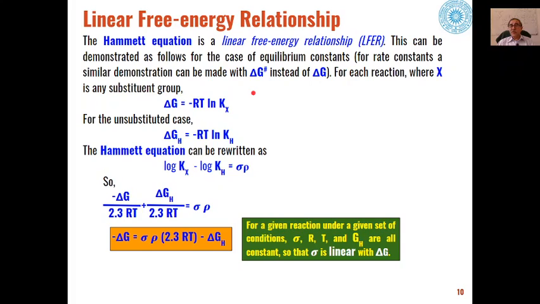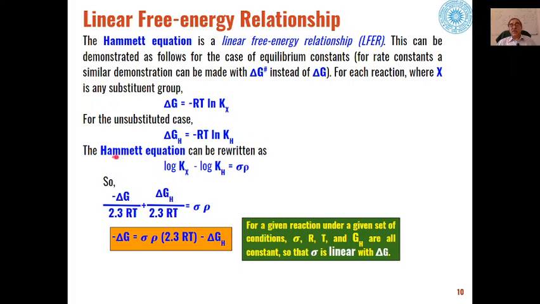For example, if this is the rate equation for any reaction where we are having X as the substituent, then delta G is equal to minus RT ln Kx, where this is the value for the dissociation constant with substituent X, and the same equation for the unsubstituted case will be Kh.